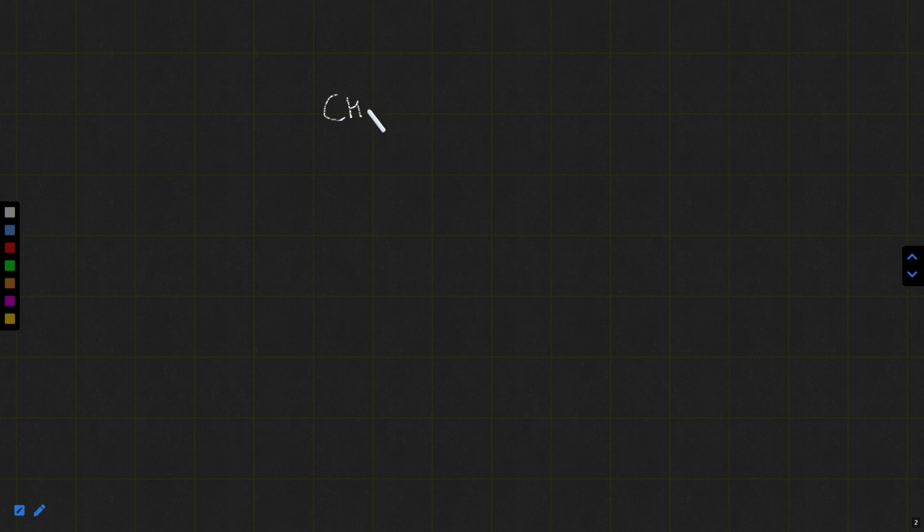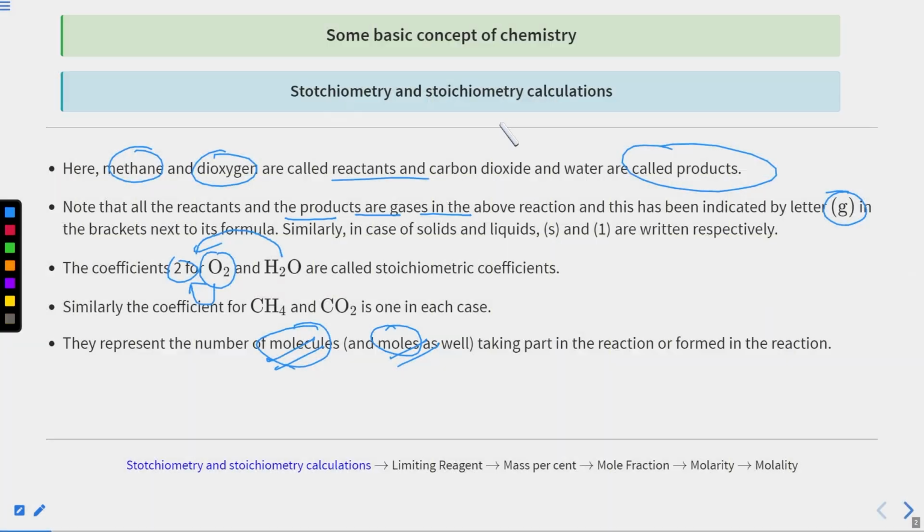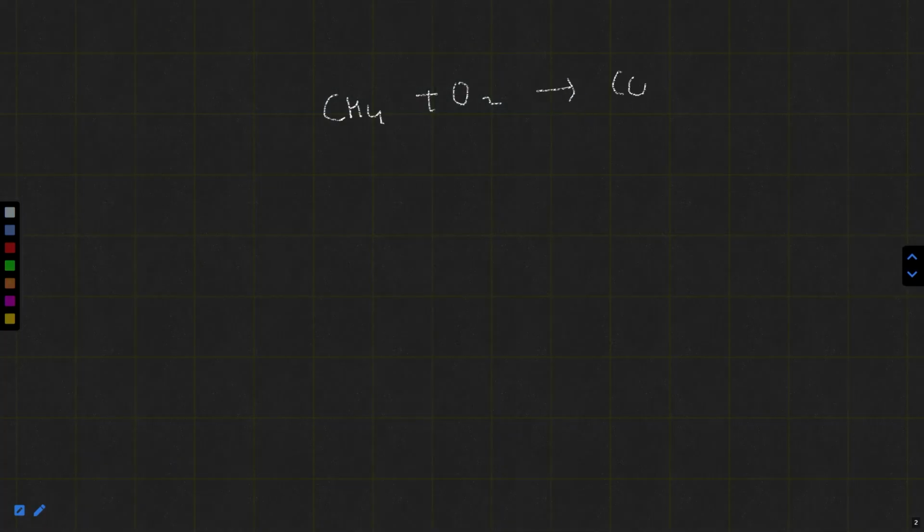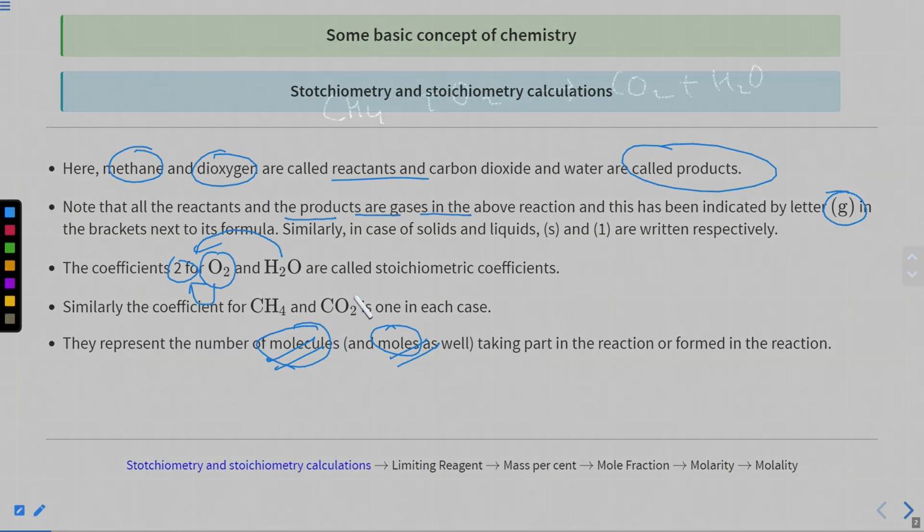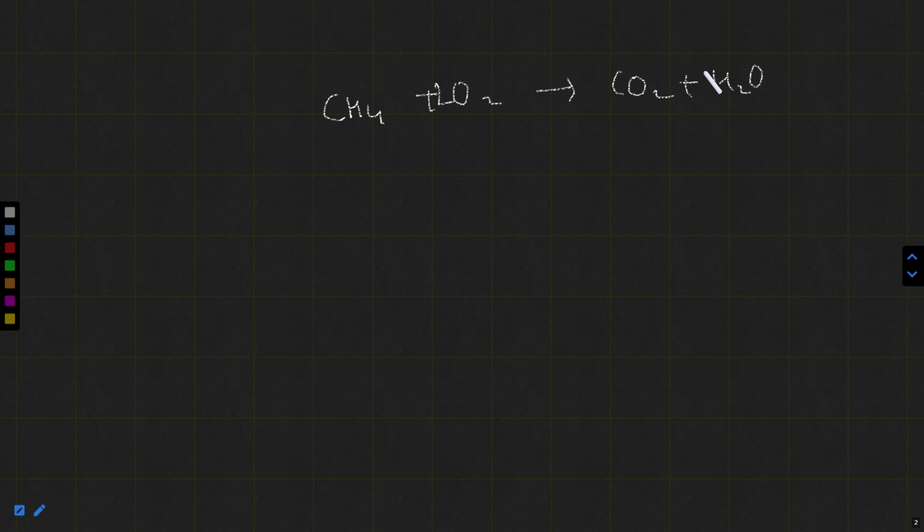So methane and dioxygen are reactants, and carbon dioxide and water are the products. Now, what is the meaning of this in terms of the number of moles? We can say that 1 mole of CH4 reacts with 2 moles of dioxygen to give 1 mole of carbon dioxide and 2 moles of H2O.